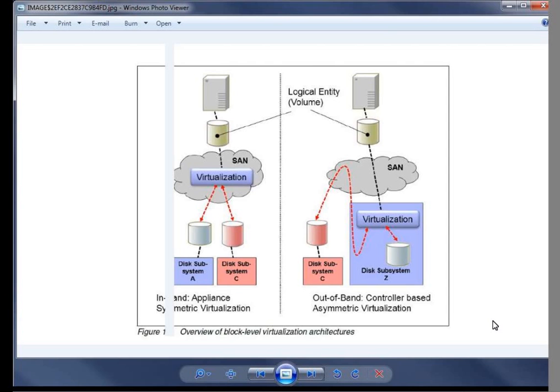If you look at this, let us take, for example, another competitor for SVC or any other third-party virtualization appliance. Let us not name names, since this is a training. Let's call this VX. That's a third-party storage virtualization appliance. How does that essentially work?